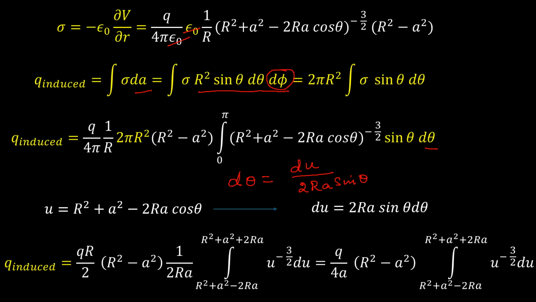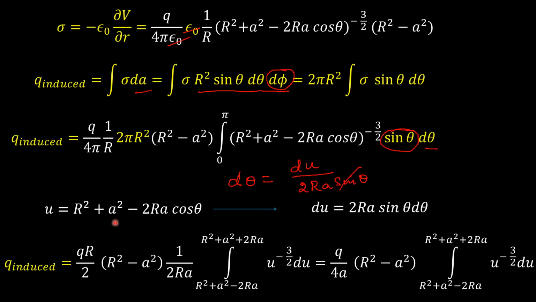Here this sin theta and this sin theta will get cancelled. So you can replace this d theta as du, with 1 over 2Ra taken outside. I have taken 1 over 2Ra outside. du only I kept inside. This is u to the power minus 3 by 2.